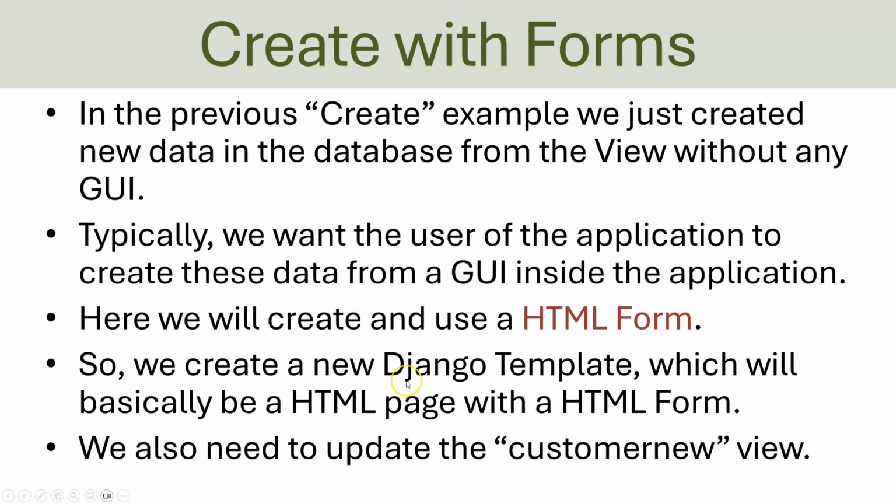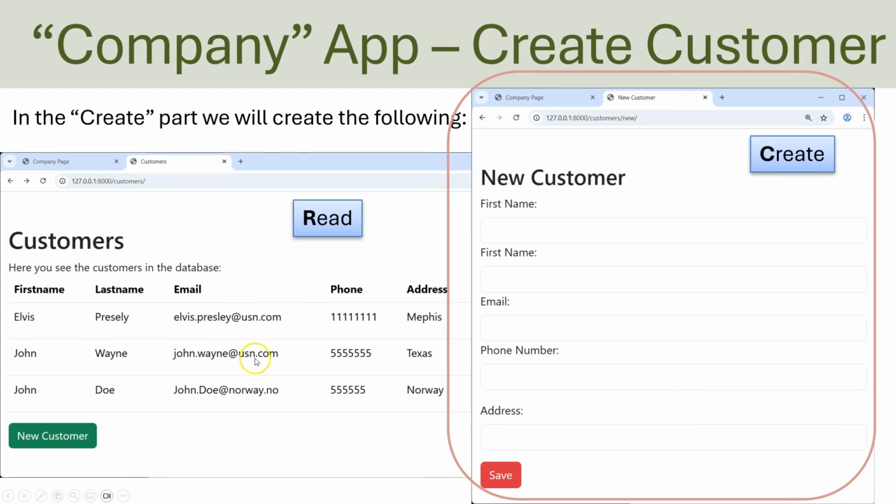So we will create a new Django template, which will basically be a new HTML page. And inside there, we will create this HTML form. We also need to update the customer new view that we created earlier. So basically, we have this list of customers, but now we want to create a graphical user interface that is accessible for the user of the application.